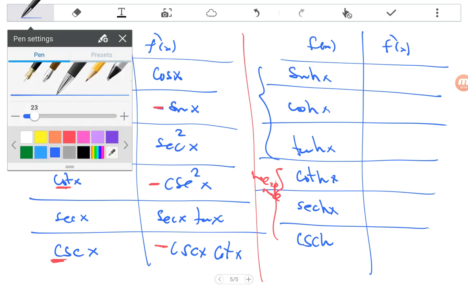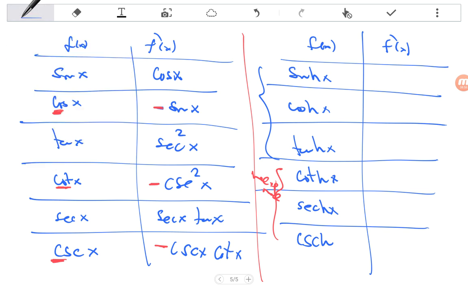Okay? So what are the derivatives? The derivatives of the three basic hyperbolic functions are with a positive sign. Now we have a different rule for the signs. Instead of the trigonometric rule, where whenever you are differentiating a function with a co you would have a negative sign, in this case whenever we are differentiating a basic hyperbolic function, we will get a positive sign.